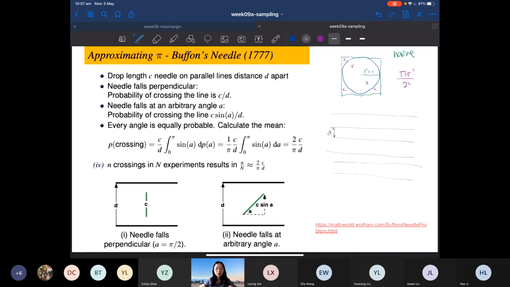Suppose now we're dealing with a simple case where the length of the needle, c, is less than or equal to d. Then we ask, what is the probability of each needle intersecting with a line? Say each needle is like this, and then some other needle will fall like this, and so on.